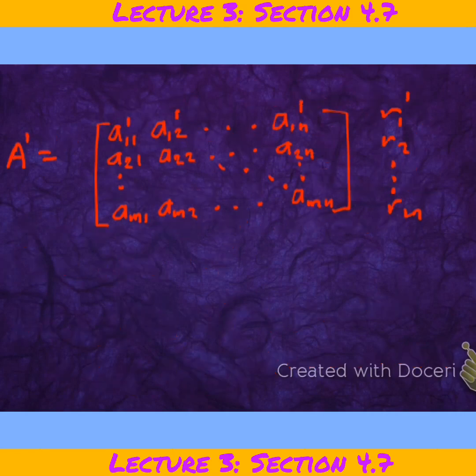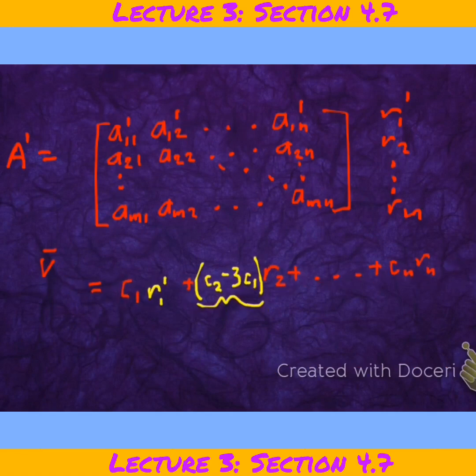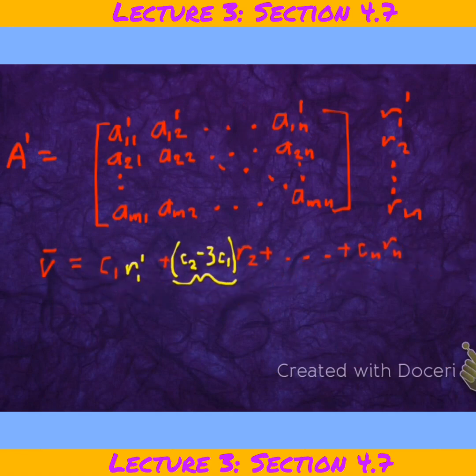Now, we go back to this matrix A prime, and we go back to the vector v. We said the vector v is that linear combination. So what does this mean? It means that the vector v bar is still in the row space of the new matrix A prime, because it's a linear combination of the row vectors.